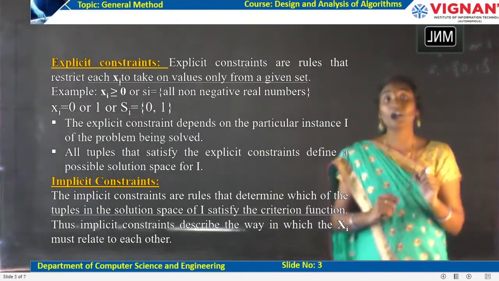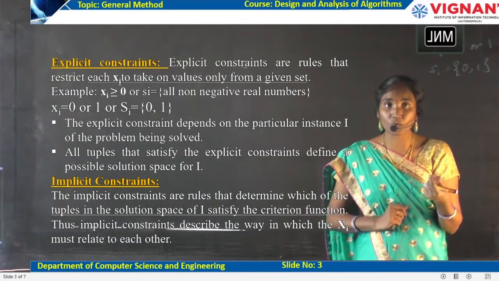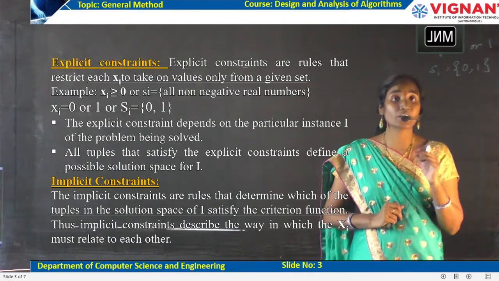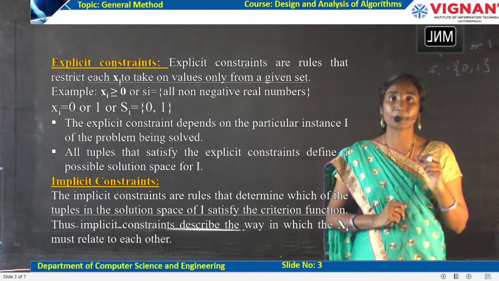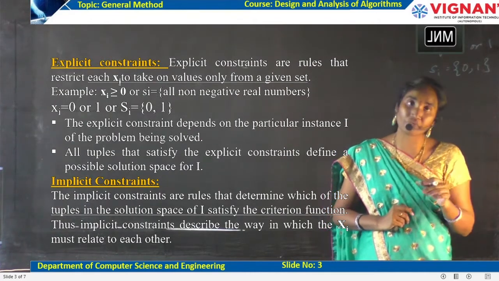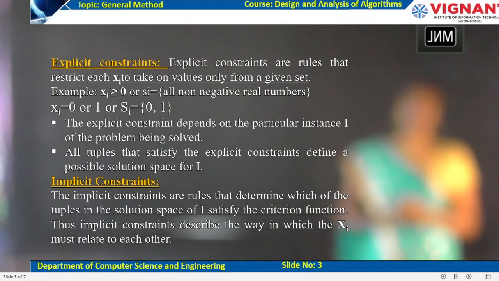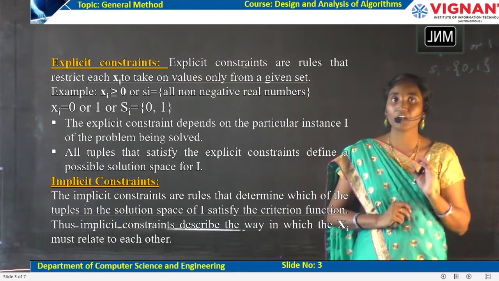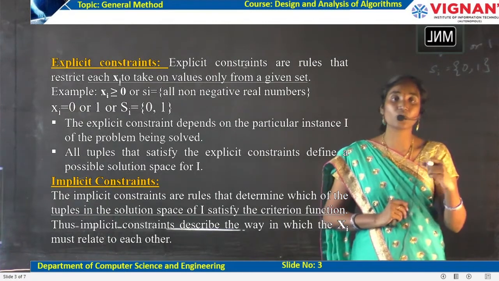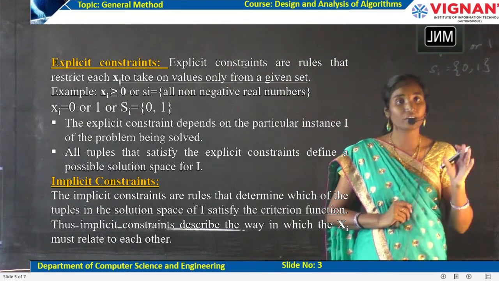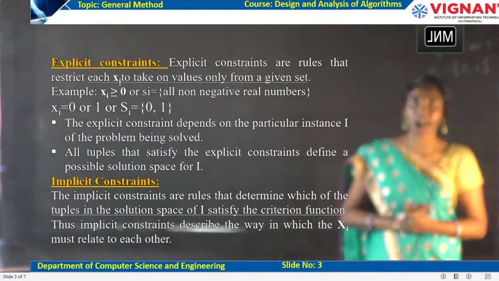You need to specify the rules in such a manner that whatever tuples we are depicting should meet our criterion function. Those all come under implicit constraints. Implicit means internally we are checking that those tuples should meet our criterion function.